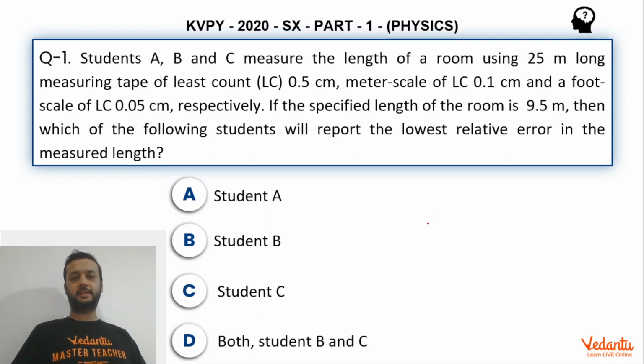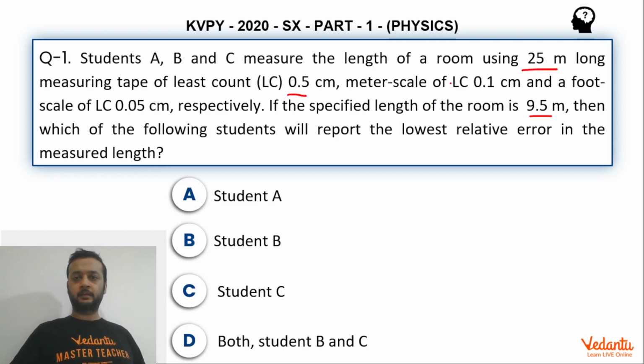There are three students, A, B, and C, who are measuring a length of 9.5 meters. That means this is the length of the room which they have to measure. The first student measures this length using a measuring tape which is 25 meters long, and its least count is 0.5 centimeters.